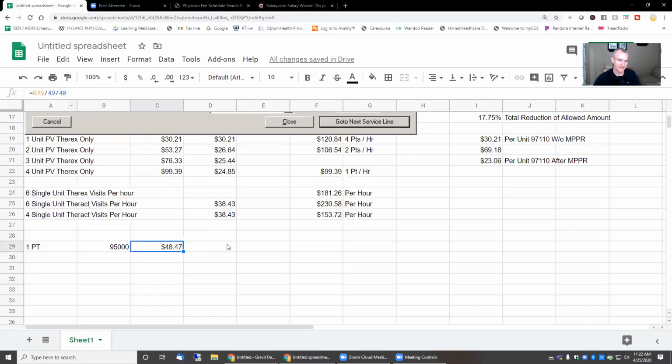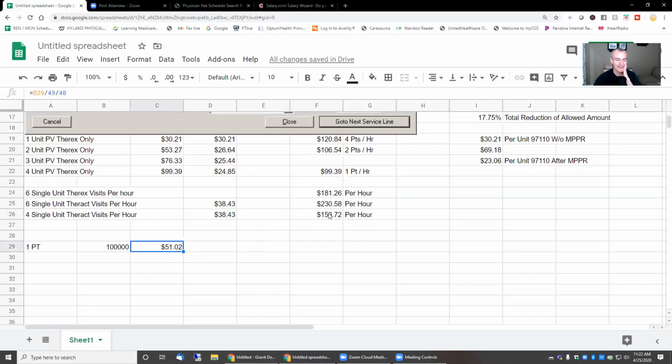Okay, so let's round it up. Let's just say $50 an hour. We can bring on a PT, even if we make this $51 an hour. This is triple the cost of the PT, roughly triple.